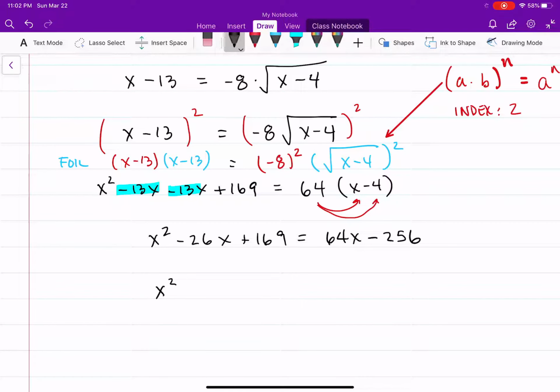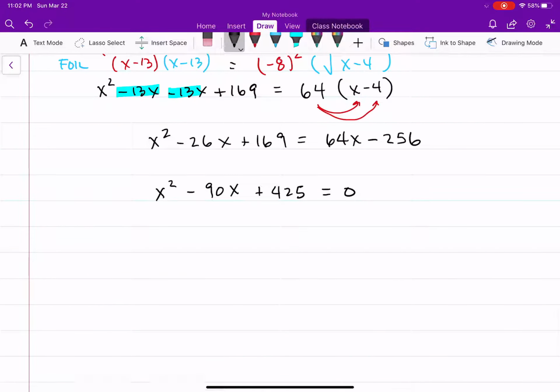Bring the 64 over by subtracting it, so I got negative 26x minus 64x, and I'm going to have a negative 90x. I'm going to add the 256 over, so I got 169 plus 256. I'm going to have 425 is equal to 0.